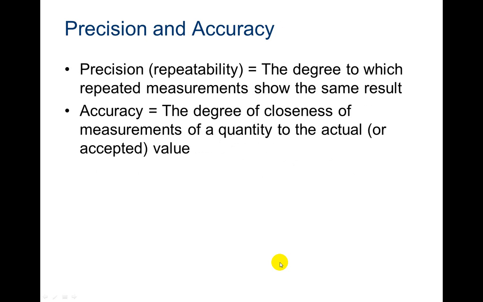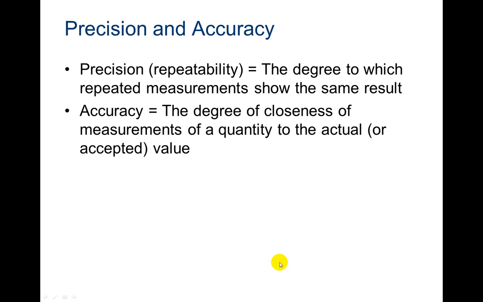So with accuracy, someone has gone through and done an experiment over and over and over, and they continually come up with that same mass, or that same density, and there becomes an accepted value or a standard of whatever it is that you're measuring, say the density of lead or something like that. And so whenever you do that same lab, then you should come up with the same thing that they had, or that standard. And that's where their accuracy comes in.